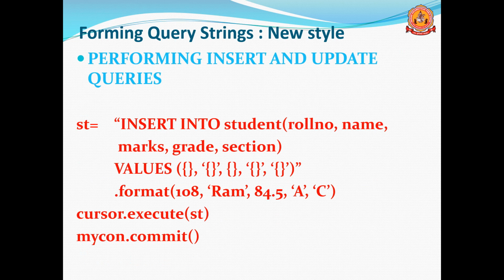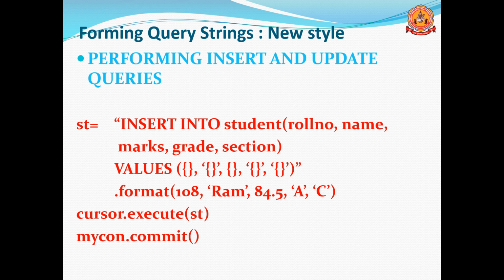Then I use the format function: format 108, the first value. The second value is RAM, that is a string. The next value is 84.5, a fractional or floating point value. Next, grade is A. Next, section I give as C. Then the whole string will be stored in the st variable.